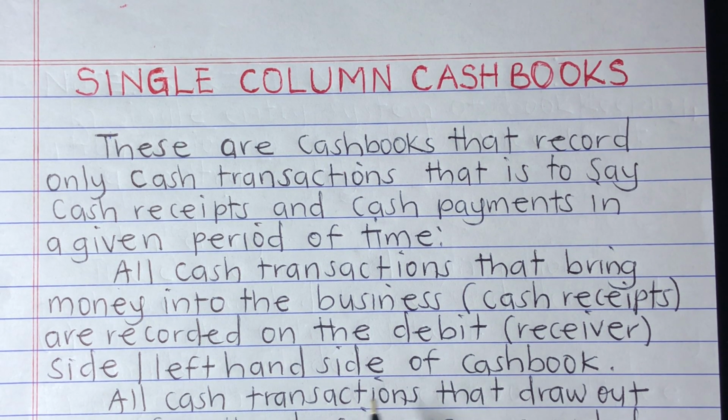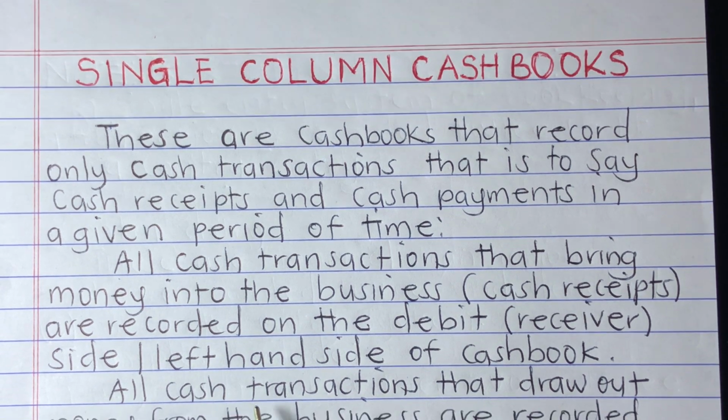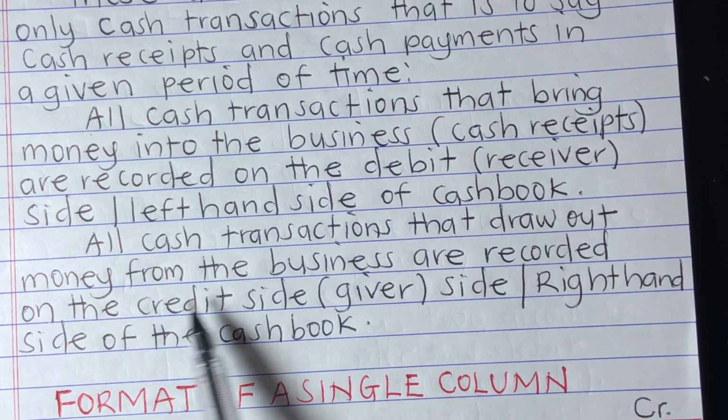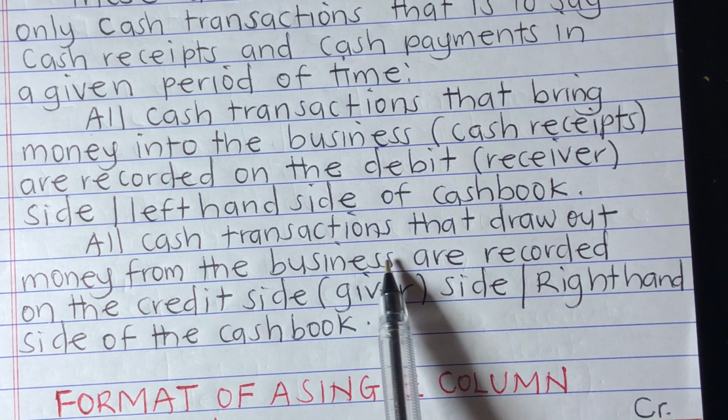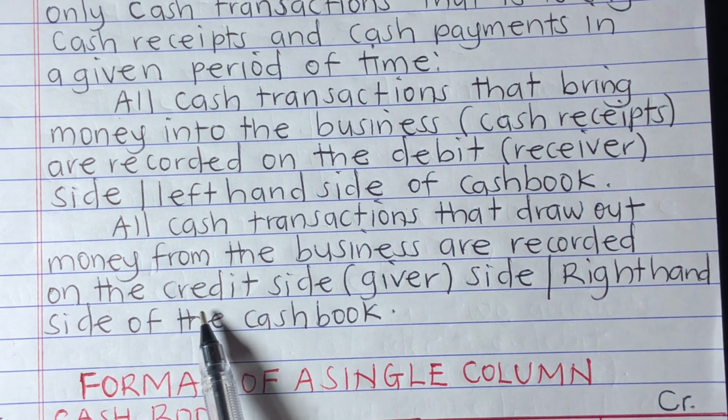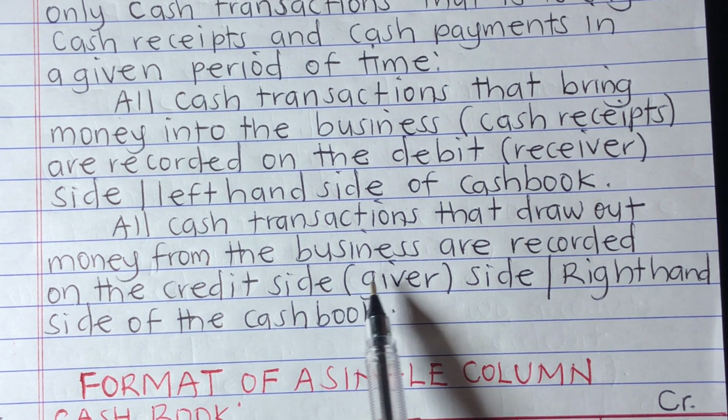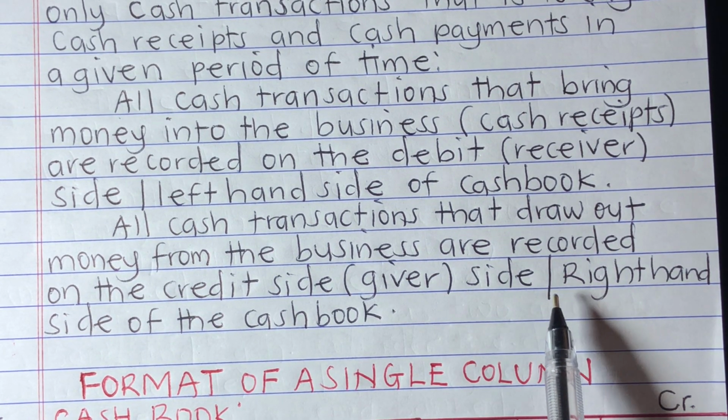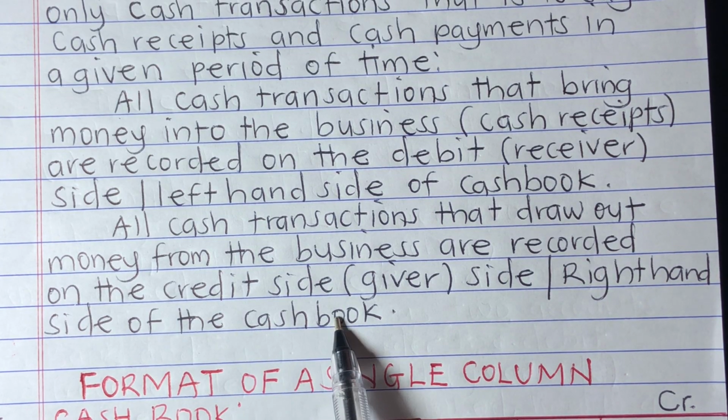Then all cash transactions that draw out money from the business are recorded on the credit side. It's also called the giver side. It is the right hand side of the cash book.